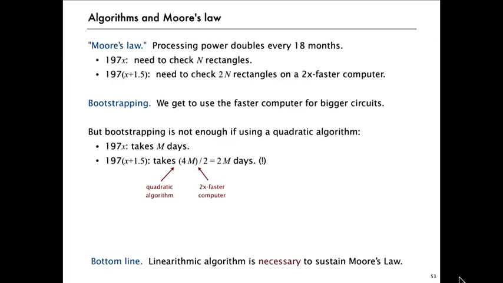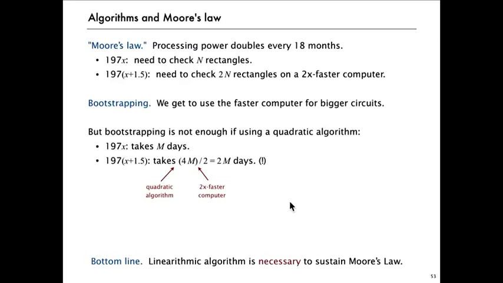So we get to use the faster and bigger computer to build faster and bigger circuits, but that doesn't help if you're using a quadratic algorithm. If you're using a quadratic algorithm and it takes you m days to check your design rules, and people were running these things on the order of days, then for the next computer it would take 2m days. It would take twice as long. And so people that were using quadratic algorithms were definitely held back.